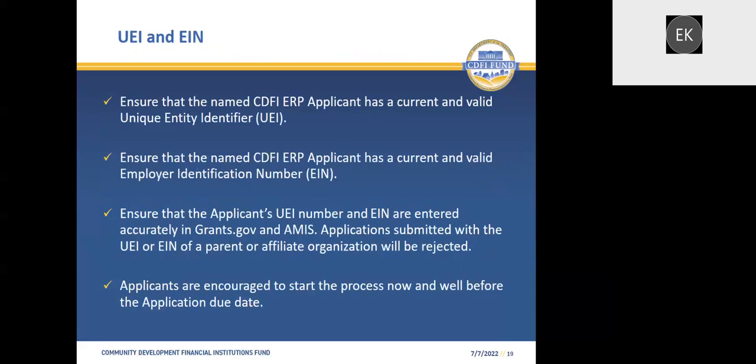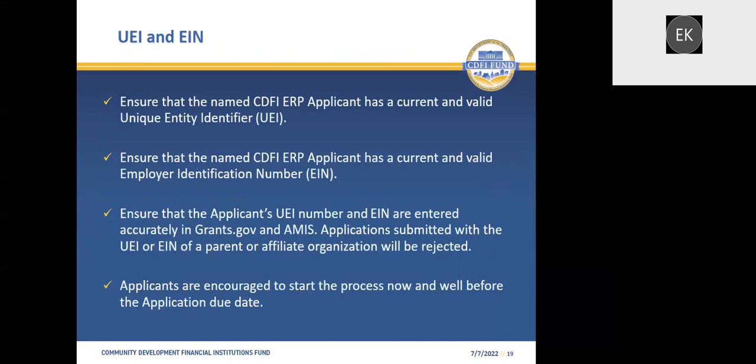UEI and EIN. Ensure that the named CDFI ERP applicant has a current and valid unique entity identifier, known as UEI. Ensure that the named CDFI ERP applicant has a current and valid employer identification number, EIN.